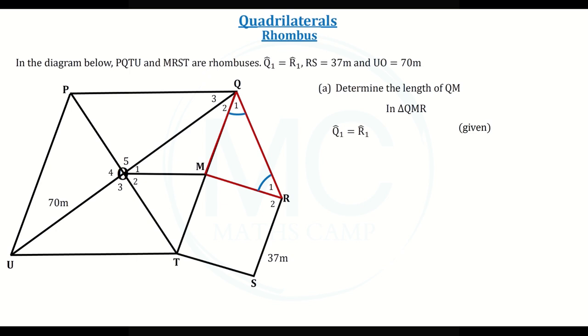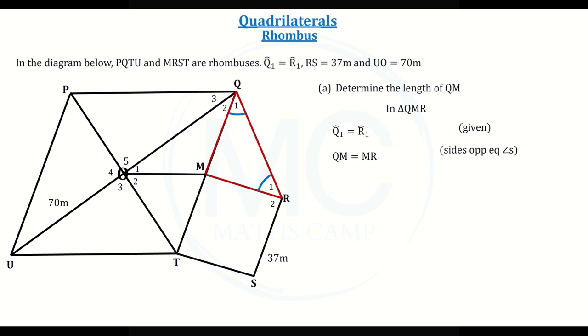We know that angle Q1 is equal to angle R1, which means that the length of QM is equal to the length of MR. And as our reason, we say the sides opposite equal angles.